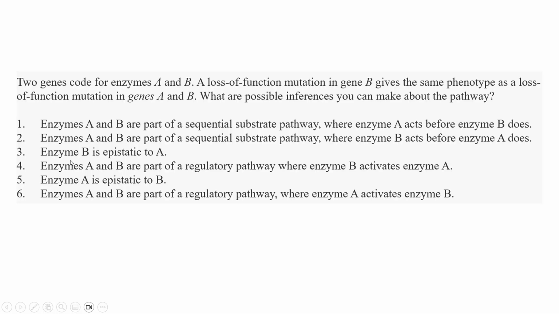Third, enzyme B is epistatic to A. Fourth, enzymes A and B are part of a regulatory pathway where enzyme B activates enzyme A. Fifth, enzyme A is epistatic to B. And sixth, enzymes A and B are part of a regulatory pathway where enzyme A activates enzyme B. So try to answer this question. You have 2 minutes and then I'll switch the screen and then we'll discuss it.